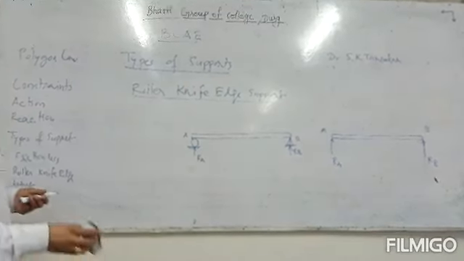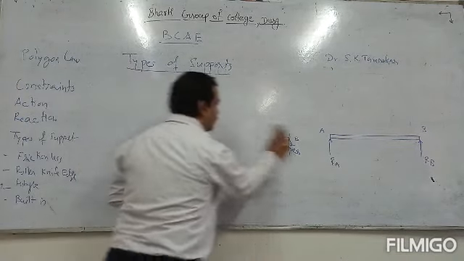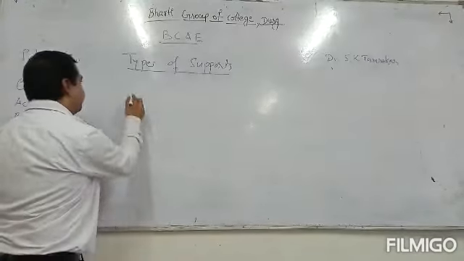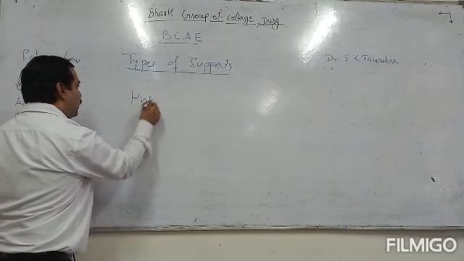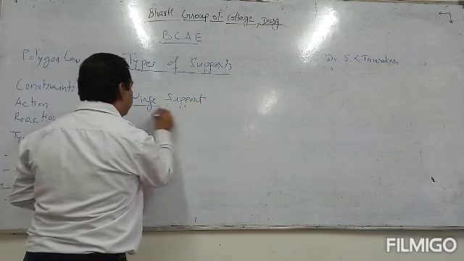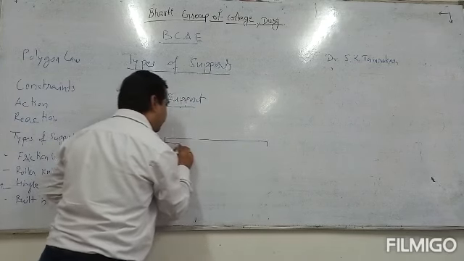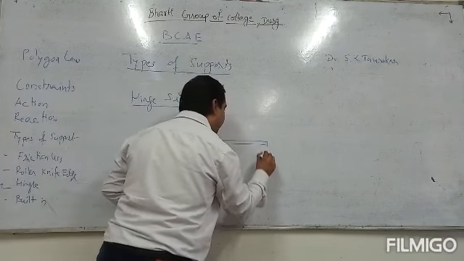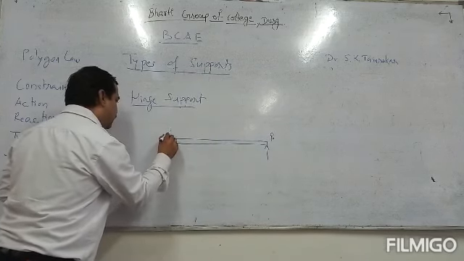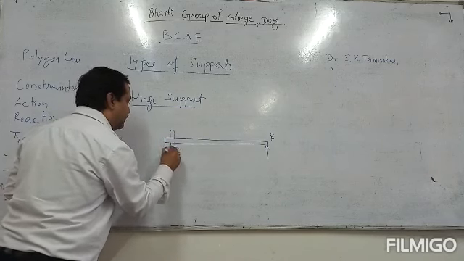Then the next type of support is hinge support. Here this rod is supported on a knife edge on one side, and on the other side it is supported on a hinge.